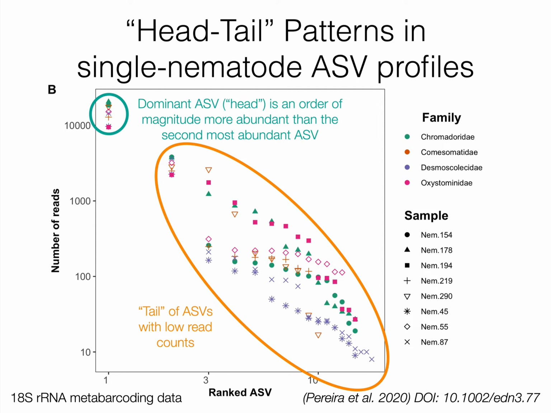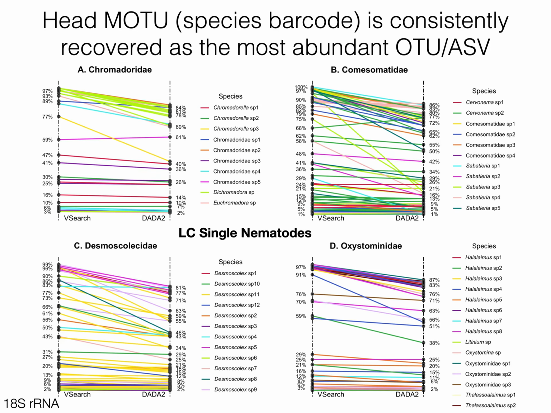Because this tail of rare reads and rare MOTUs is still consistent in ASV pipelines, we think it's biologically valid, and it can provide really important insights into these individual species. So this head-tail pattern is pretty typical for eukaryotes. The good thing is that the most abundant MOTUs, this head MOTU which represents our species barcode, are really resilient.